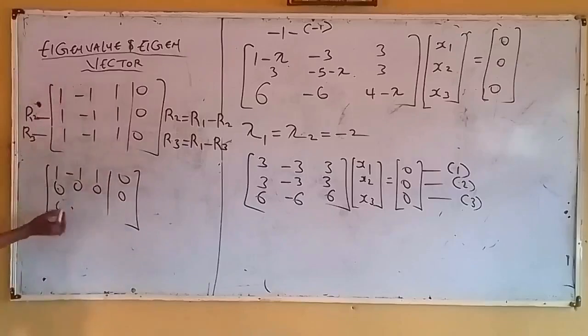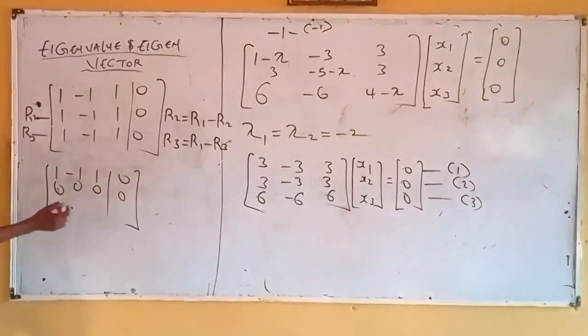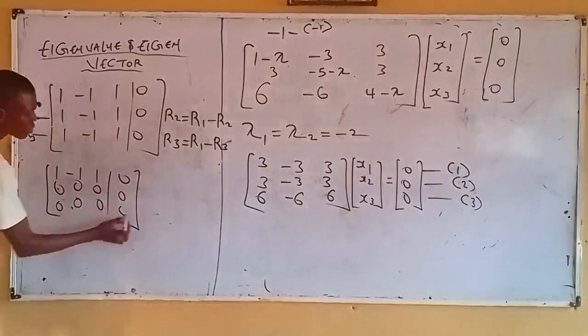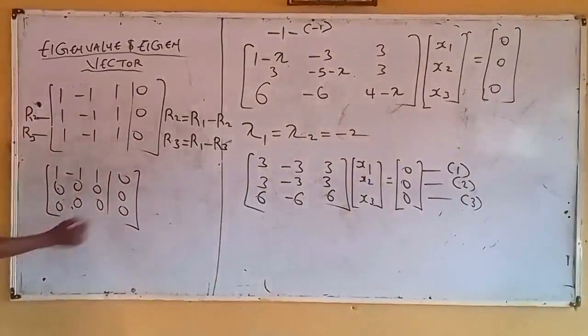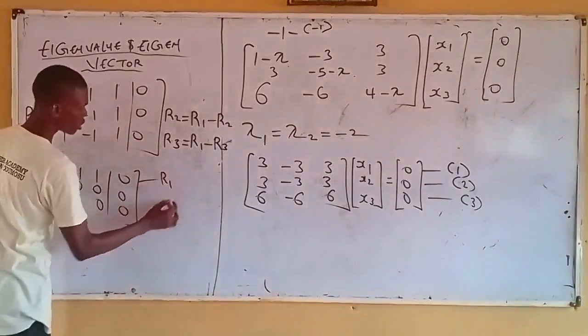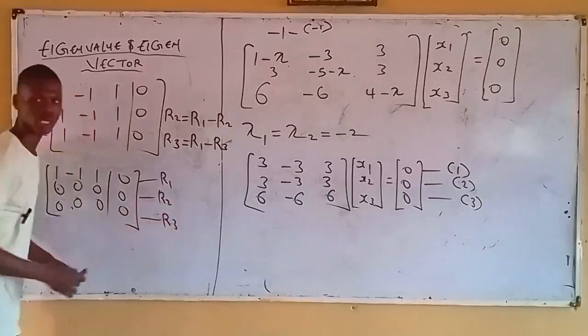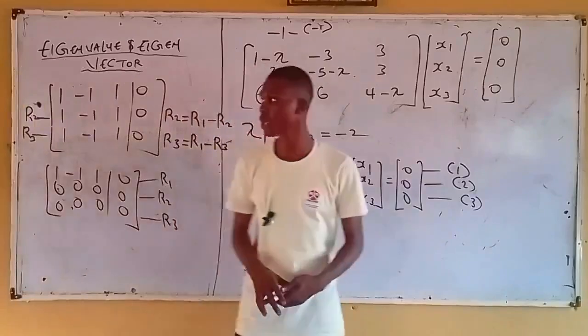Row 3 likewise: 1 minus 1, 0. Negative 1 minus negative 1, meaning negative 1 plus 1, that's 0. 1 minus 1, 0. 0 minus 0, 0. Meaning this is your new row 1, this is your new row 2, and this is your new row 3.